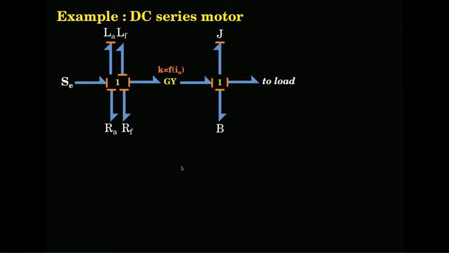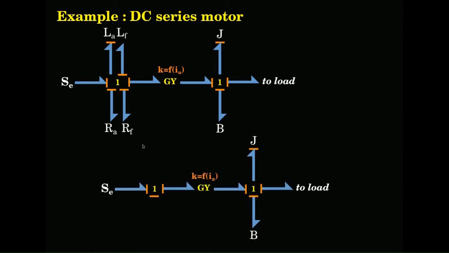So what we do is we combine these two and rewrite this portion of the bonds. I will put it as a single bond, LAF, which is LA plus LF.